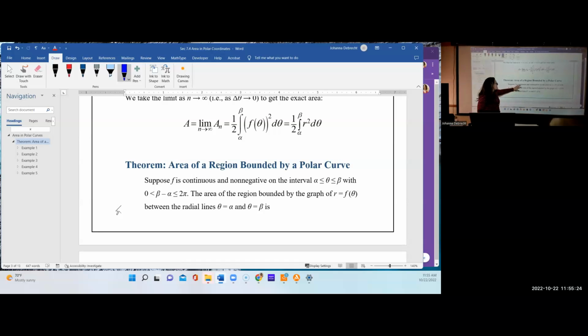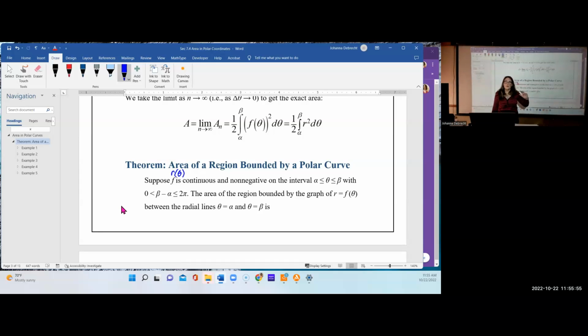We suppose that the function f, which is r, so r of theta, is continuous and not negative on the interval from alpha less than or equal to theta less than or equal to beta. So when we integrate, just as we do with normal rectangular coordinate systems, we like to integrate from lower numbers to higher numbers. So we're going to do this, and we're going to make sure that beta minus alpha is less than 2 pi. Why?